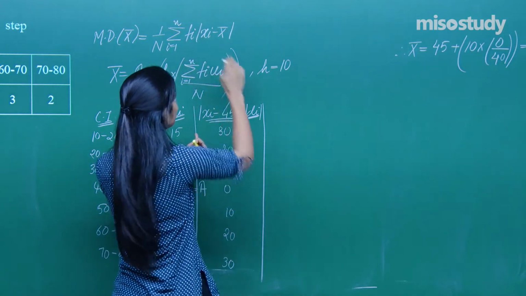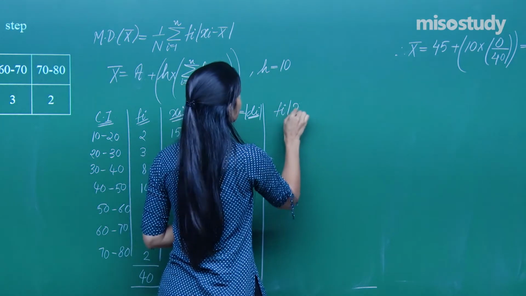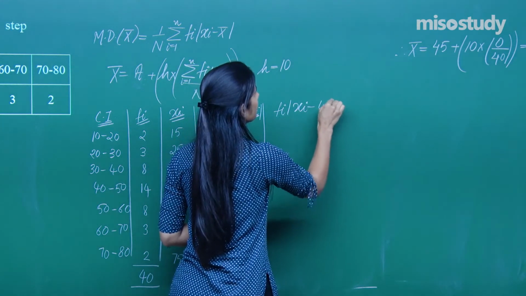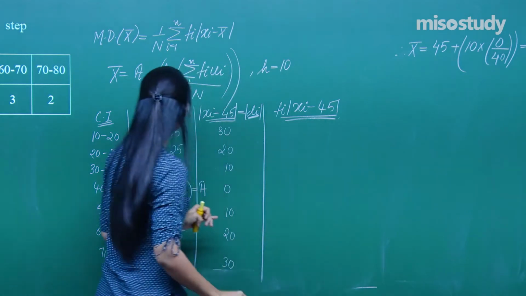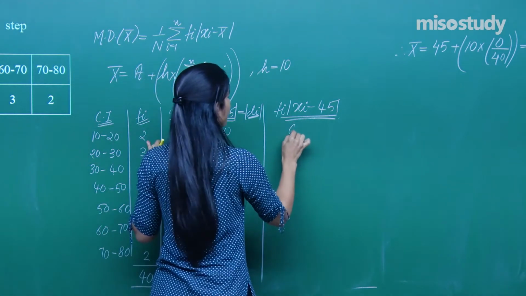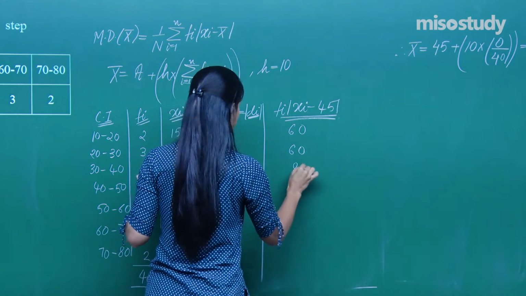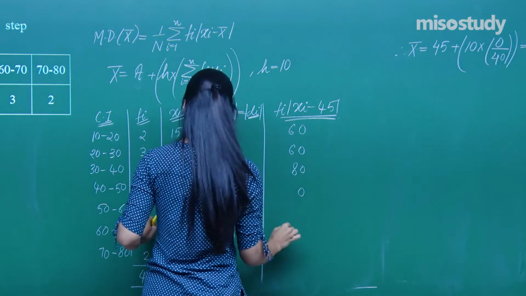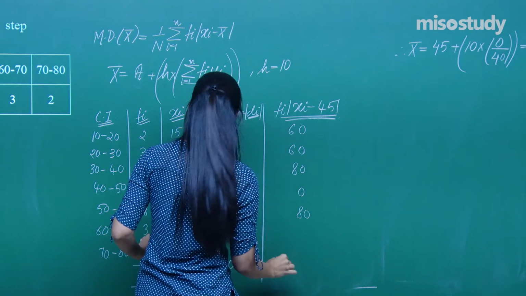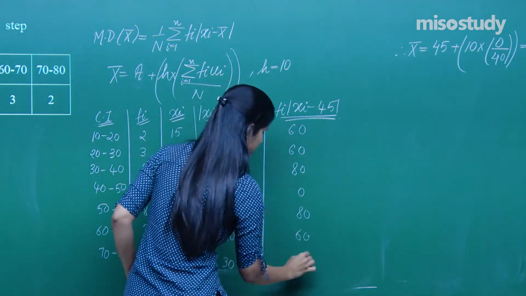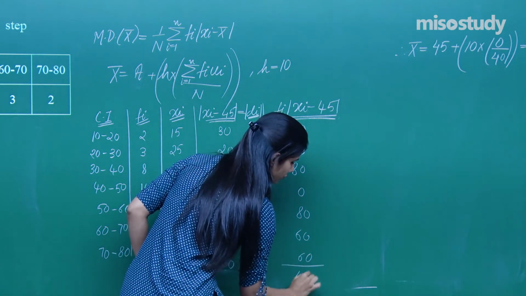Is it understood? Now here, this is not 400, obviously you could have checked. When I multiply this by fi, what do you get? 2 into 30, 3 into 20, 8 into 10, 14 into 0, 8 into 10, 3 into 20, 2 into 30. This comes out to be 400.